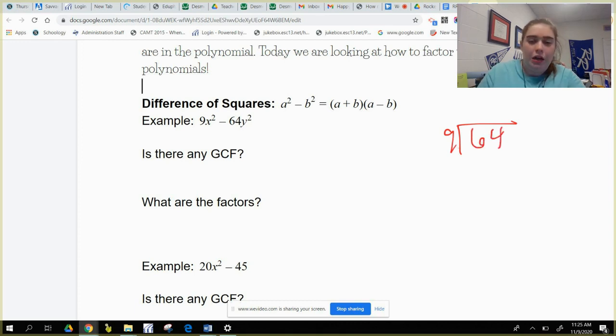I don't think we can, right? So what else could go into 9? 3? Could we take 3 out of 64? Would that go in evenly? Maybe not. So what do we think would go in there? Is there a greatest common factor?